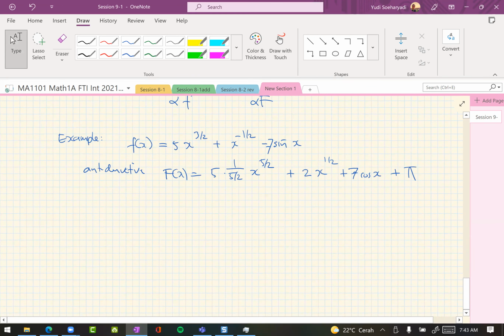All right, some more formulas for antiderivatives. Okay, that's the power rule. We know that one. And we have also, let's see.